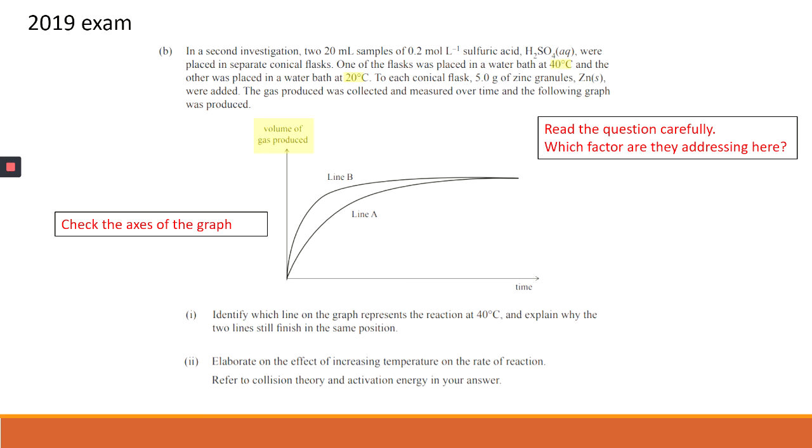You can always write down the 4 factors on the page and then eliminate as you read the question. And also if they give you a graph, just try to figure out what's going on. Always check the axes and what the graph is representing. So you can have a go at this first.